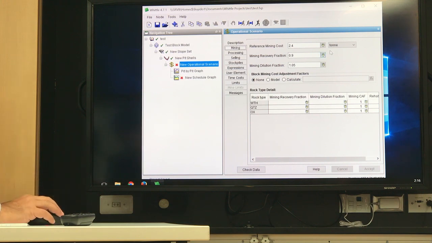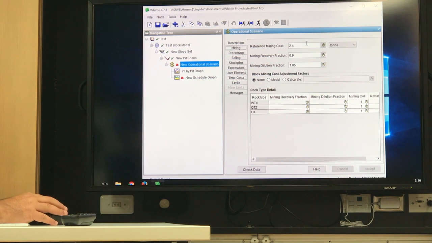But as you could see, there is time here. So we are going to consider the effect of time, or the time value of money. Why? Because yes, you have the final pit shell that you want to achieve, but you can't extract it in 1 year. It's going to take time to get to that point.